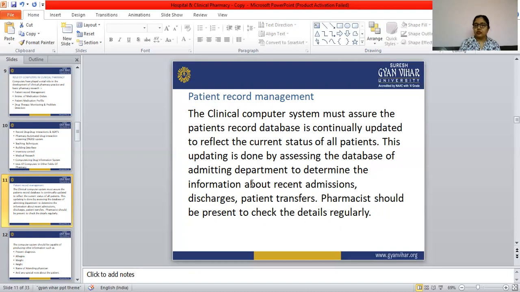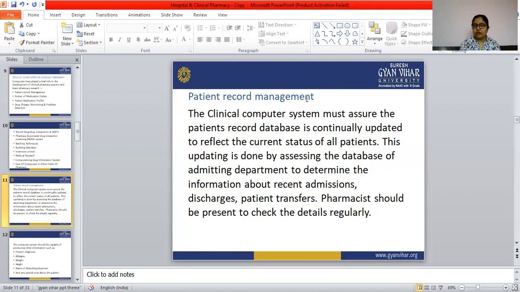The pharmacist should be present to check the details regularly. So the patient record management system is to collect the information about recent admissions, discharges, and patient transfers.